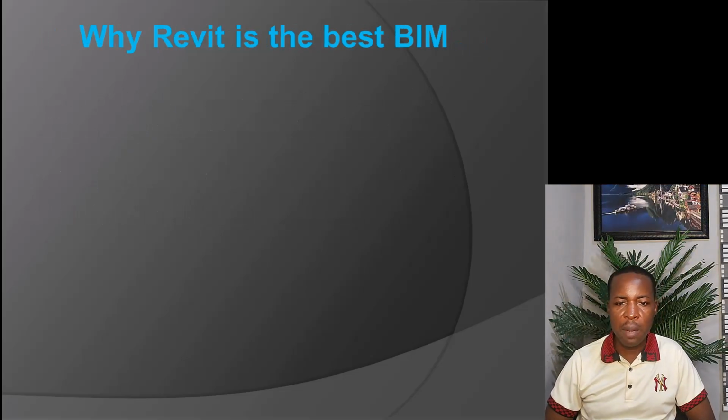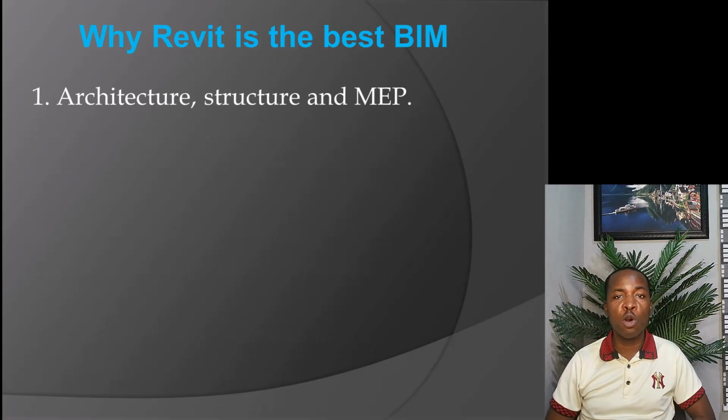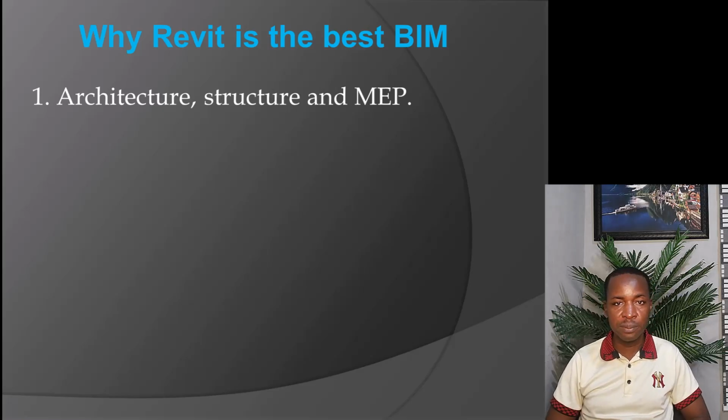Now let's talk about why Revit is the best BIM software. If you browse on Google or online, you will see other software that claim to be BIM software, but you cannot find these three fields in that same software. You can't find architecture, structure, and mechanical, electrical, and plumbing.